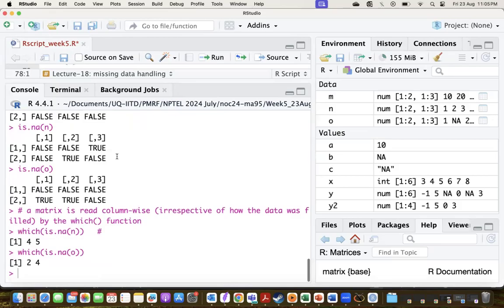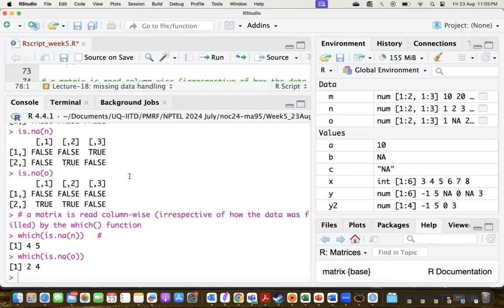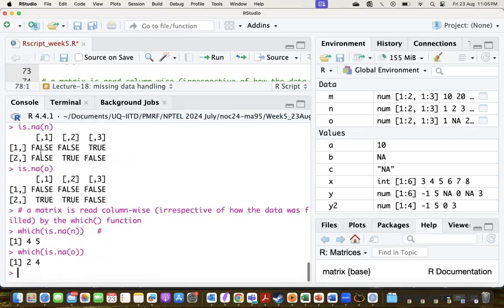Now, this is not the most straightforward example, but this is how it works. Again, is.na is working normally, giving you the output in the form of a matrix. But which gives you the output in a one-dimensional way. So which element is it? It's reading the matrix column-wise, irrespective of how you filled that matrix.